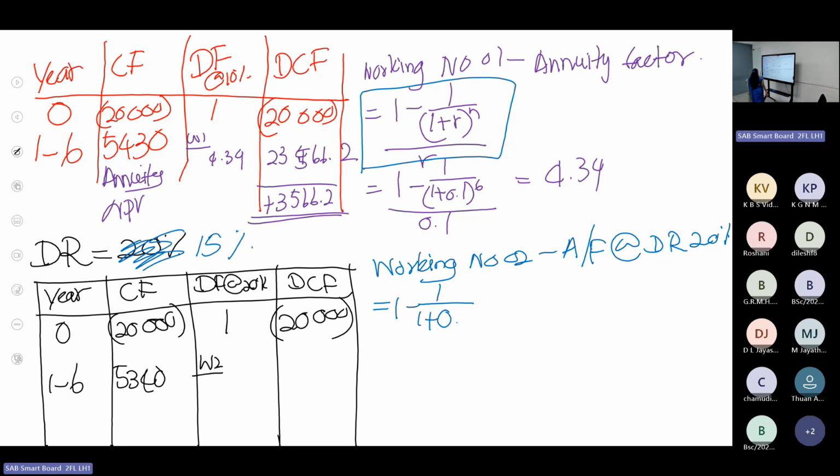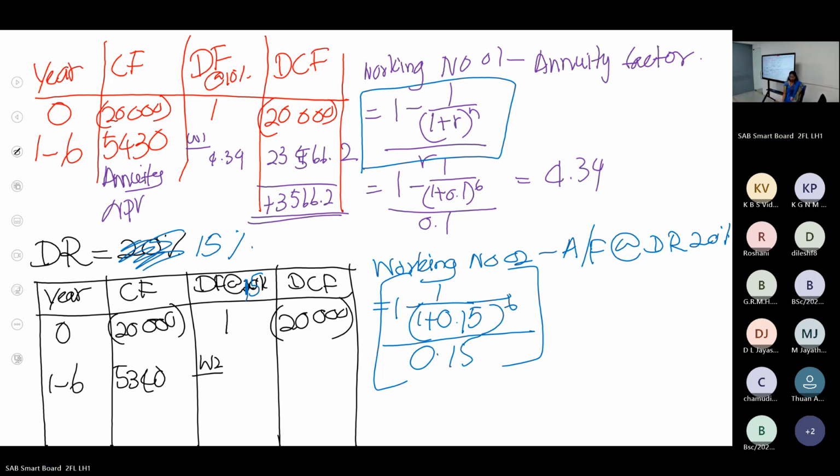If you want to take 20, that's also okay, no issues. But we just need the 2 discount rates. Here 1.5 to the power 6 and then divided by 0.15. Take the annuity factor and then calculate the NPV. 5,430.